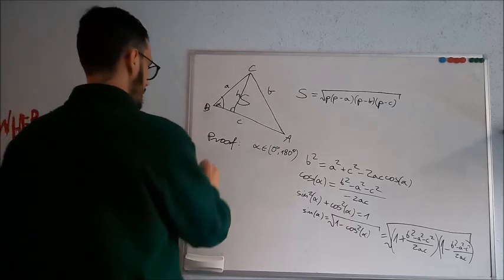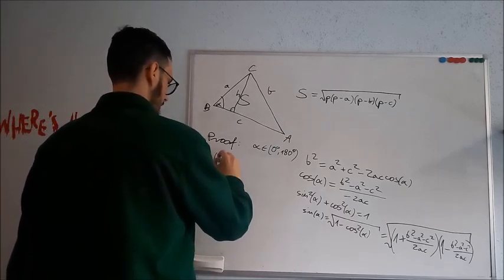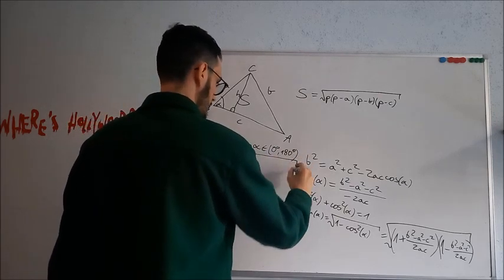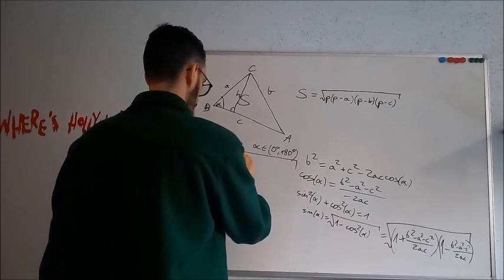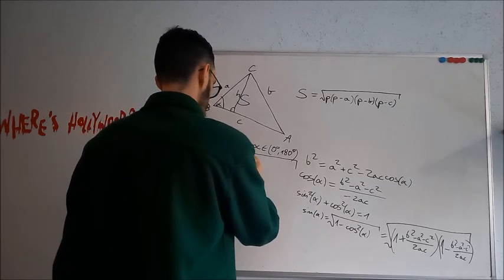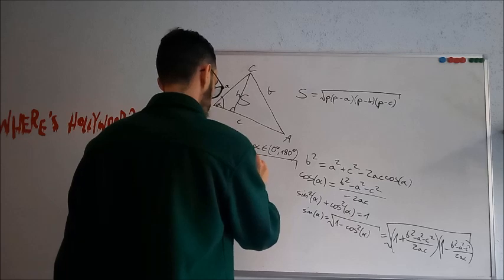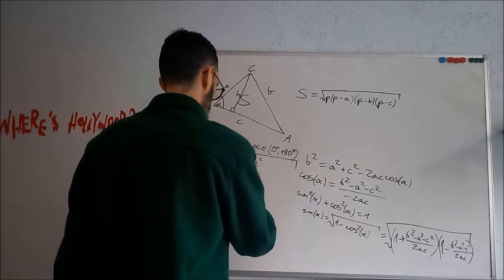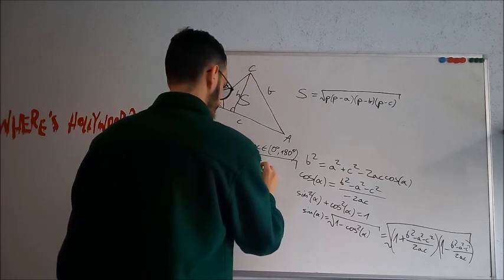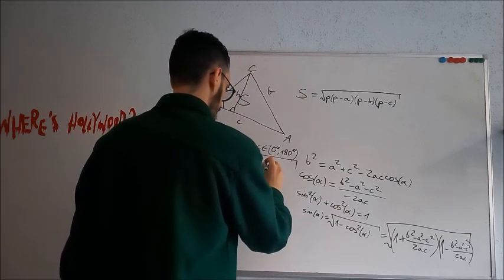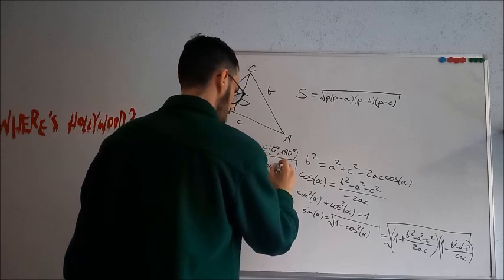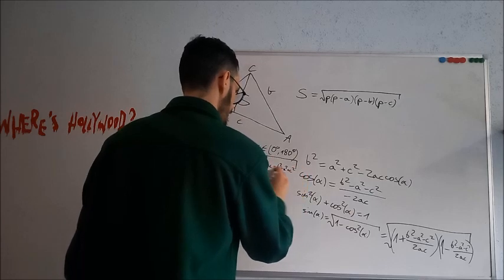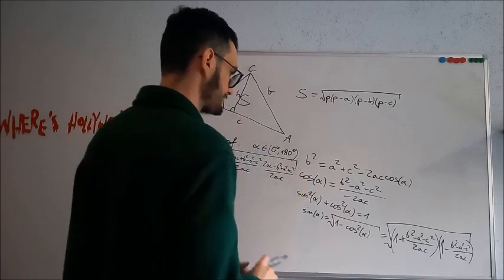So the sine alpha is equal to the square root of 2ac plus b squared minus a squared minus c squared over 2ac times 2ac minus b squared plus a squared plus c squared over 2ac.